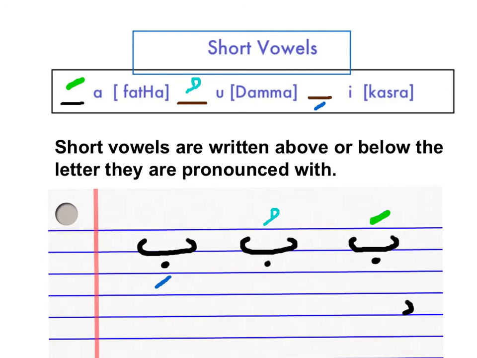First, we write the letter, then we write the vowel. Like this. Here we have ta, tu, and ti.